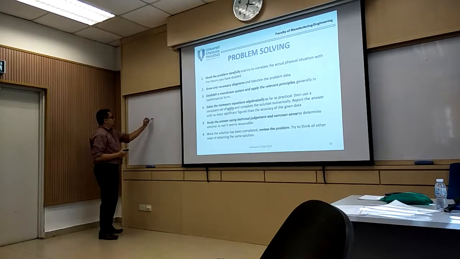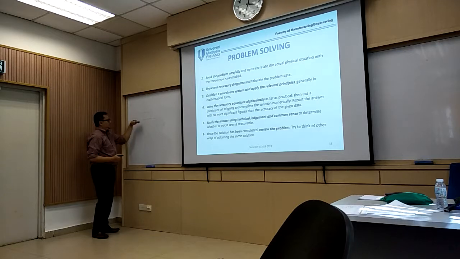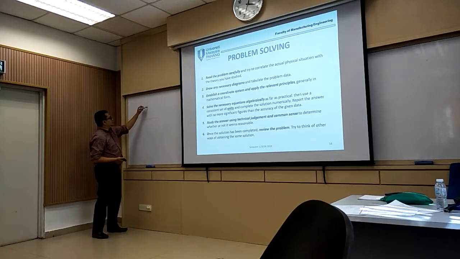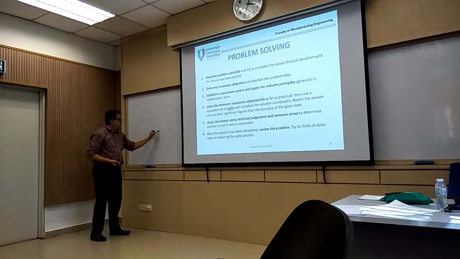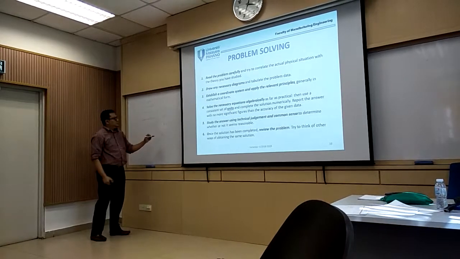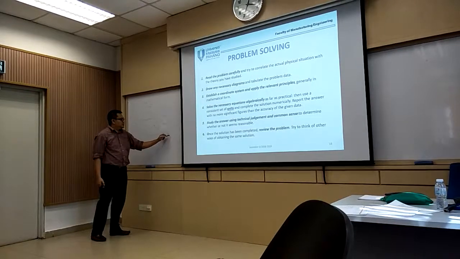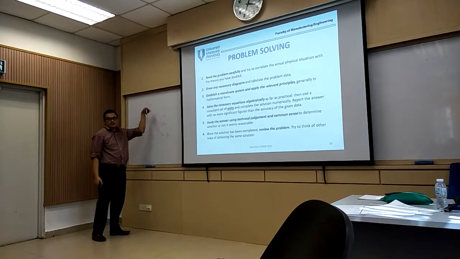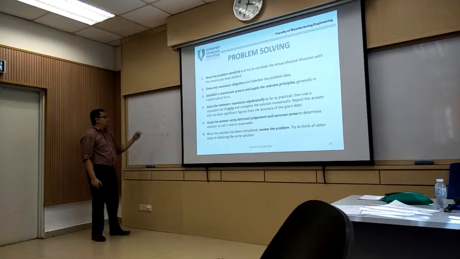For example, if this box is on a flat surface, maybe XY is like this. But sometimes the box is on a slanted surface, then XY is like this. Then you have to refer to this when you calculate, for example sigma Fx, you use this axis for x and this one for y.